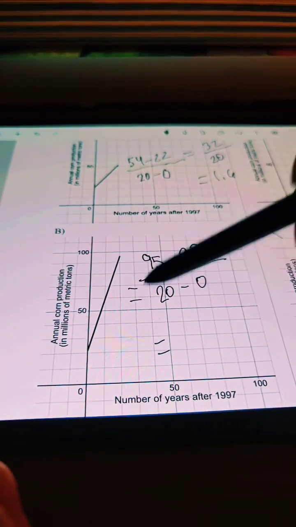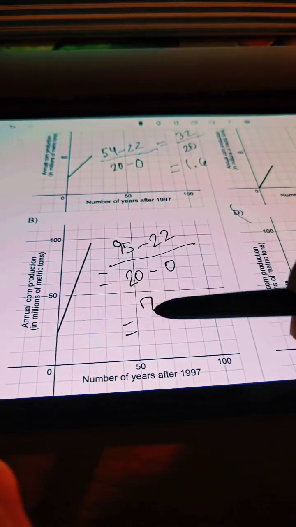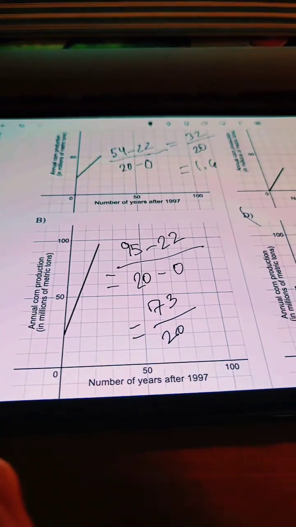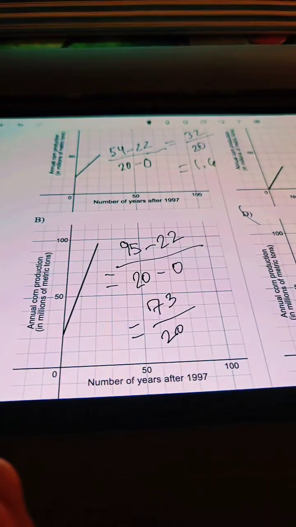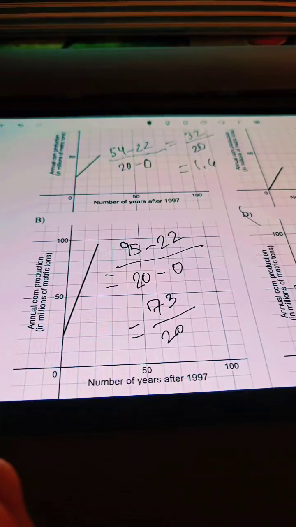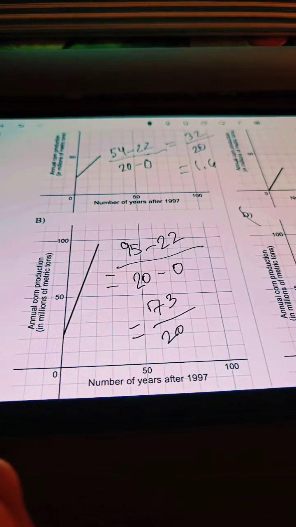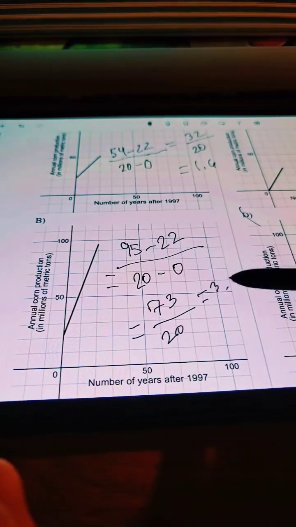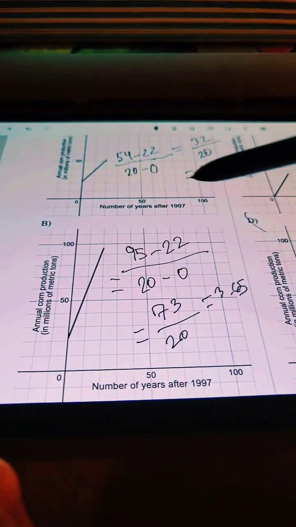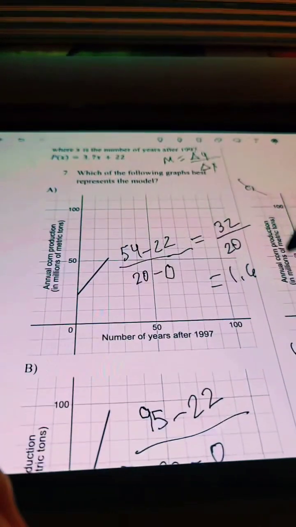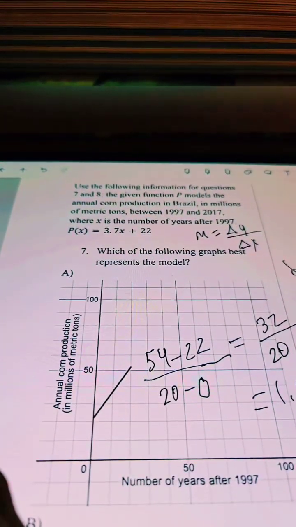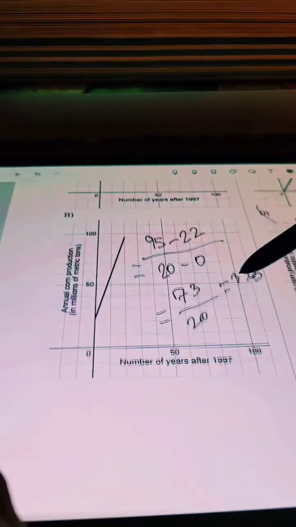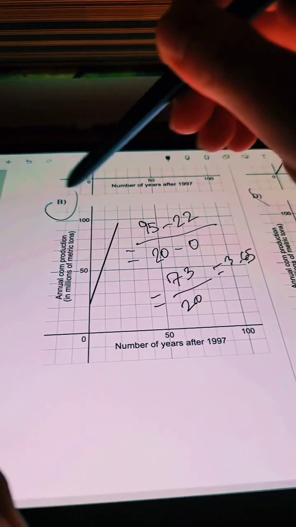So that's going to equal 73 over 20. Punched it in wrong. 73 divided by 20. I really need to get a calculator. I keep forgetting. And that's going to equal 3.65. So that is fairly close. Remember, I said it doesn't have to be exact. They're expecting you to guesstimate. So 3.7 is fairly close to that. It's B.